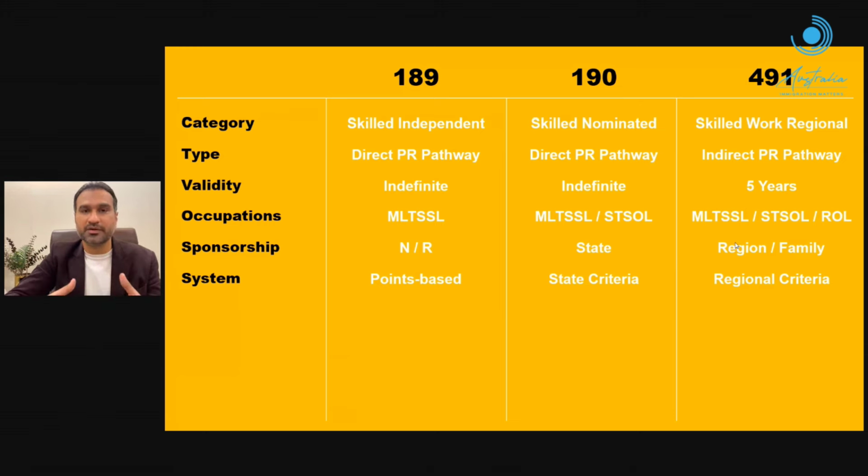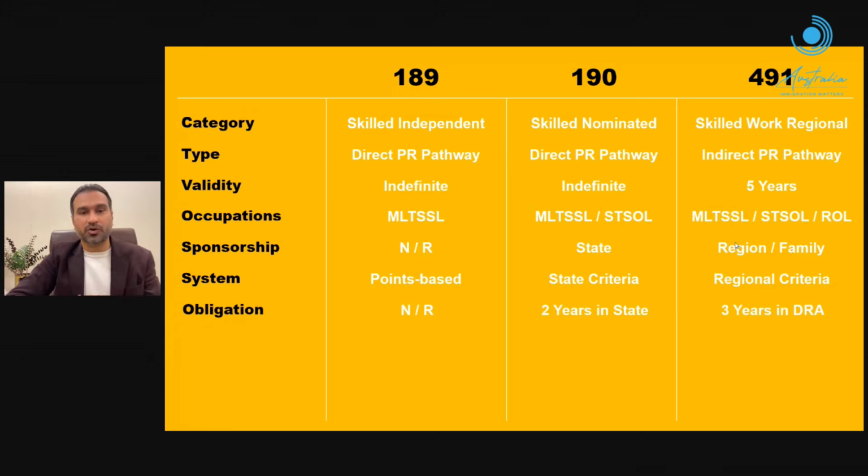Some states are preferring higher, relevant work experience and higher English language proficiency, and these conditions are playing their role in order to be selected by any of the states. This is important to understand.